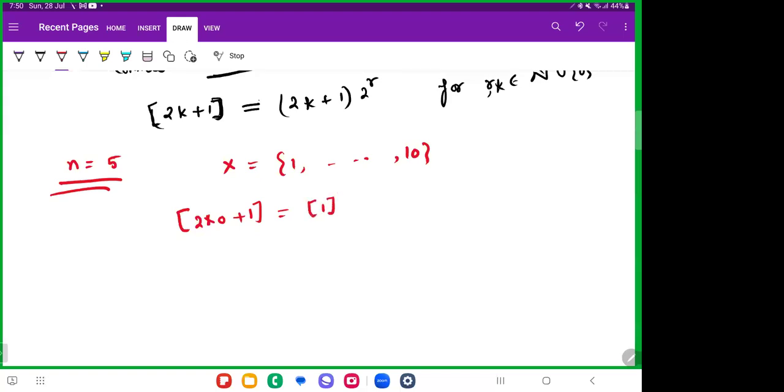This is the class of 1. It will basically be 1, 2, 4 (2 squared), and 8 (2 cubed). These are the only ones. Now, when you put k equals 1, the class of 3 looks like 3 times 2 to the power 0, that means 3, and 3 times 2 to the power 1, that is 6. If you go further then that will exceed this.